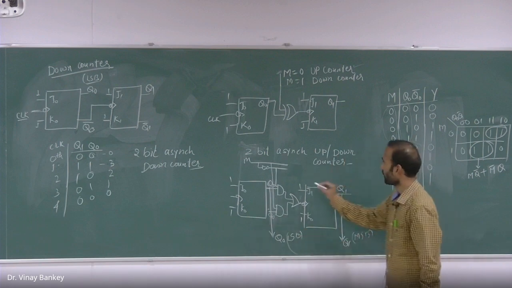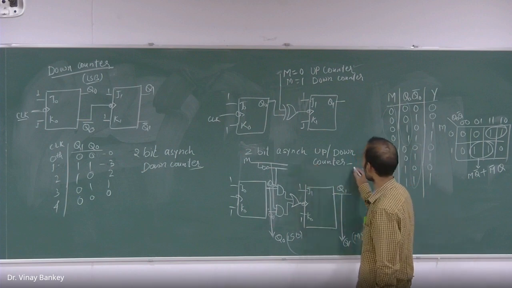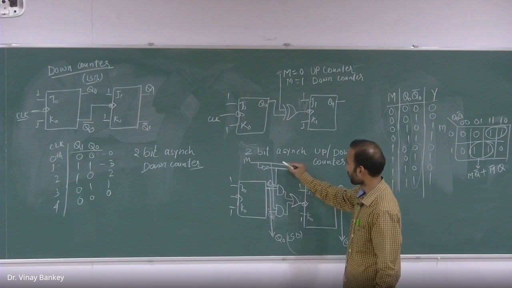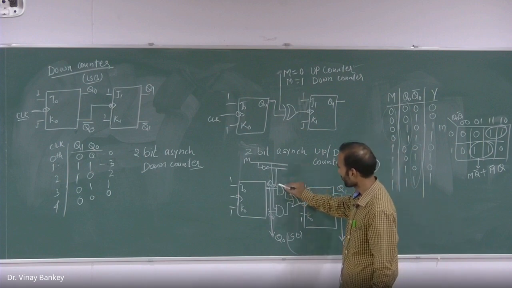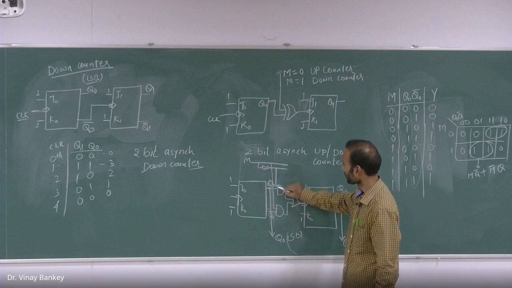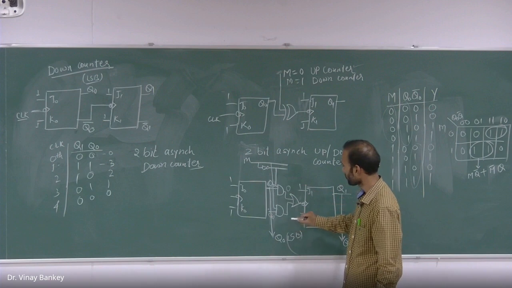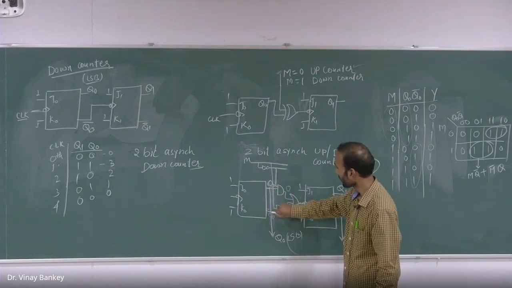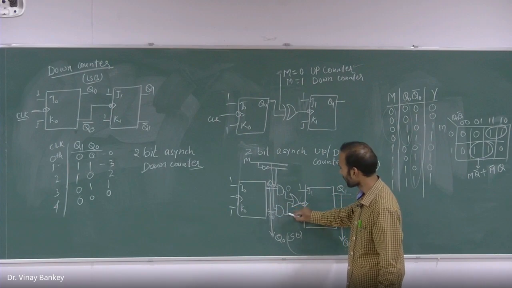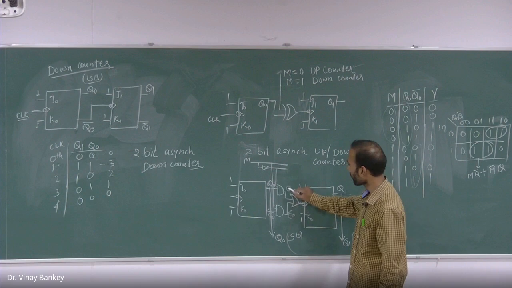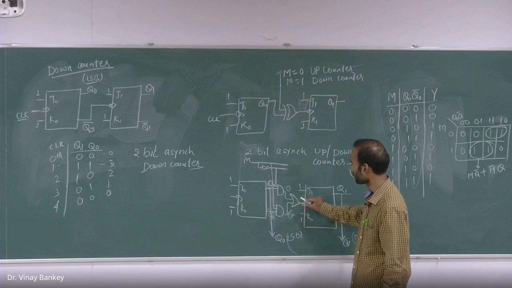You can check. Let me check. When M is equal to 1, this is 0, because we have connected to M bar. So we have 0 here, and this is connected to M equal to 1. So whatever the second input that comes here is Q0 bar, and Q0 bar plus 0 is equal to Q0 bar.